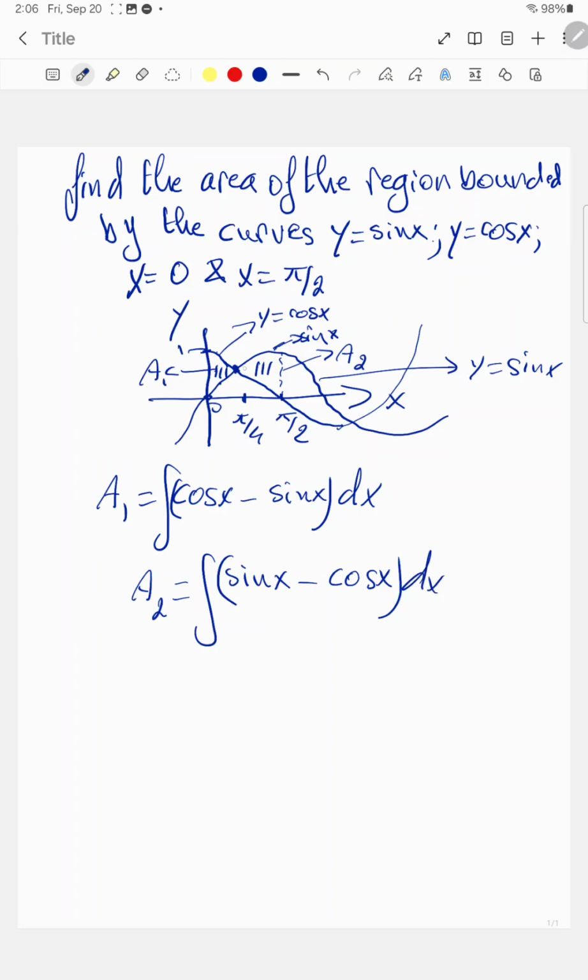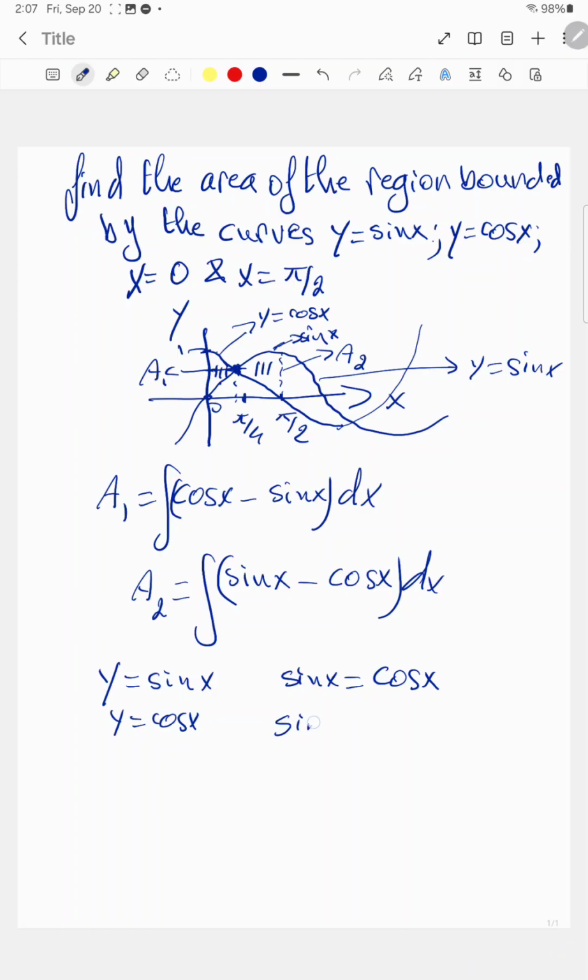Now at that point, the sine x and the cosine x have the same y. So sine x is equal to cosine x.